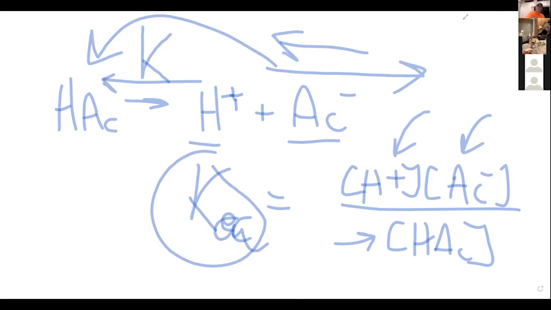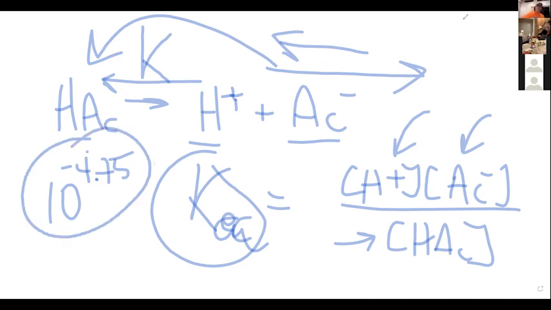In fact, it is 10 to the minus 4.75. So the pKa is minus log of that number, and minus log of that number is 4.75. That is the pKa of acetic acid.